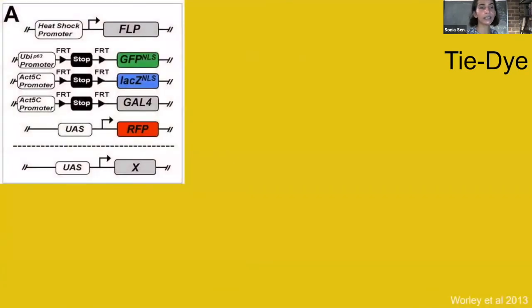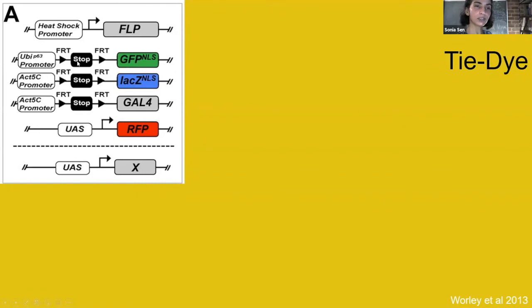There's something called Tie and Dye, which actually wasn't used in the nervous system so much, but it's very beautiful. It again relies on a heat shock promoter and three independent cassettes, each with a different ubiquitous promoter. Again, these are cis FRT excision type events, one driving nuclear GFP, one driving nuclear LacZ, and one driving GAL4.